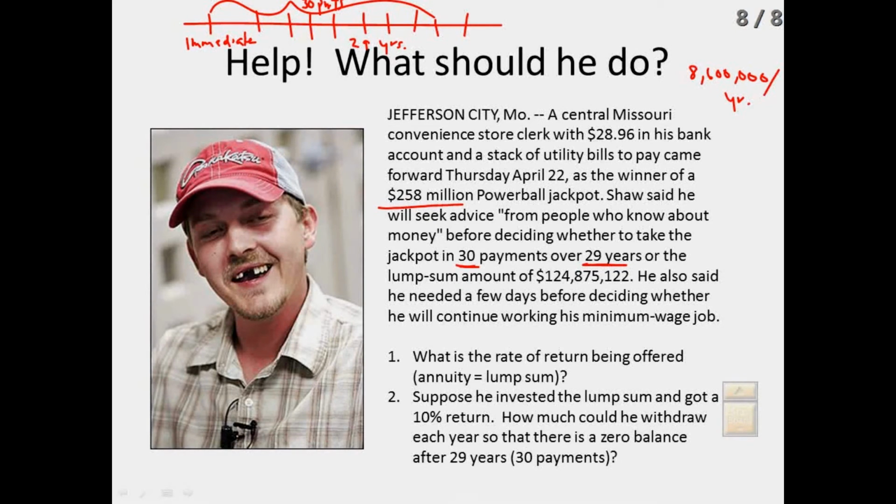And then, based on that, should he take the money now, or should he leave it with the state? So yeah, you can use a calculator, you can use tables, you can use a formula, use whatever you want. But come up with some numerical solution to this. Don't just give me your gut feel.